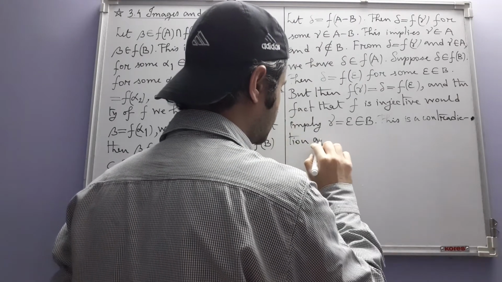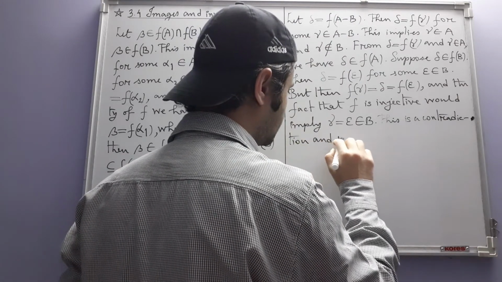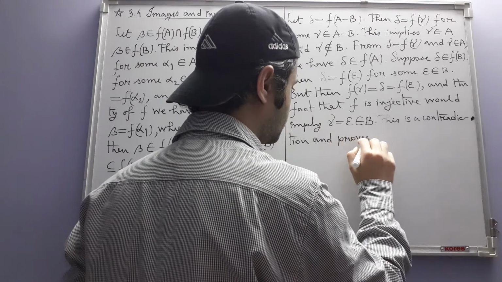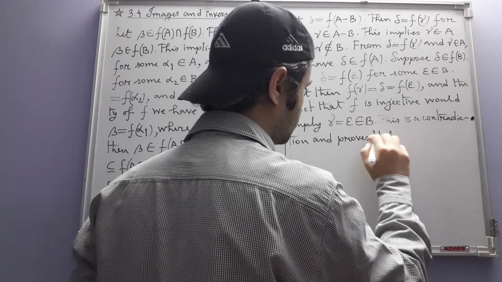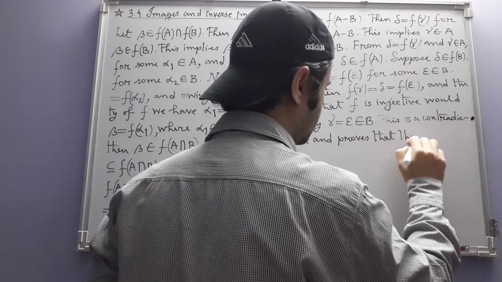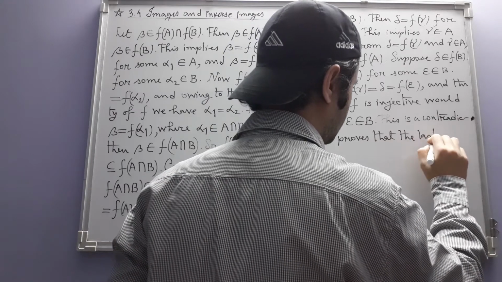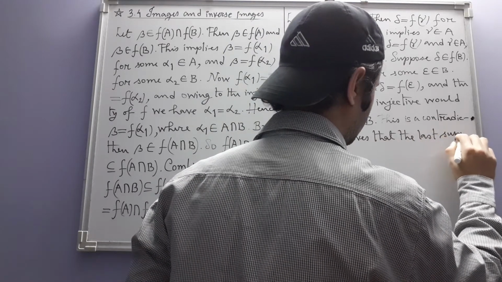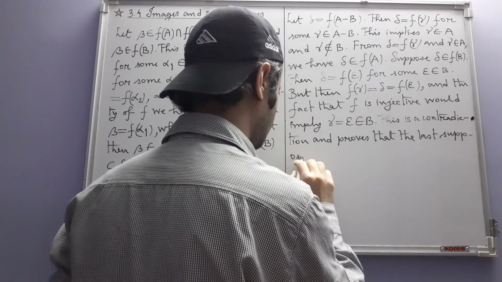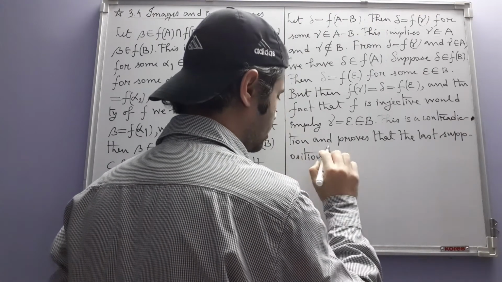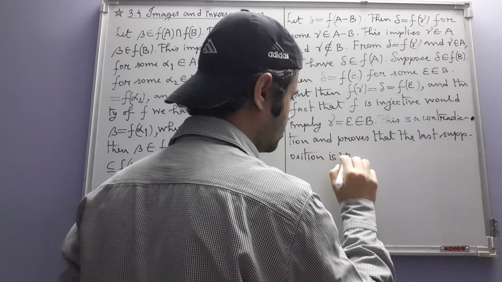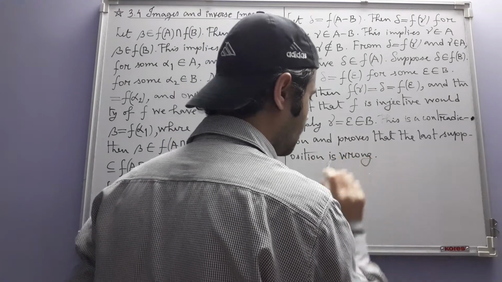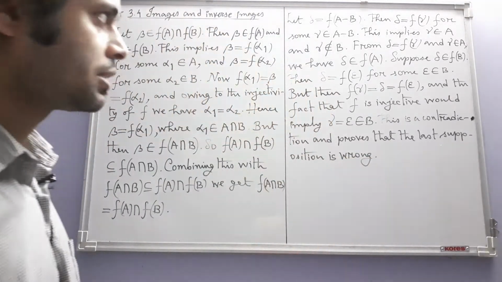And this is a contradiction because gamma does not belong to B. This is a contradiction and proves that the last supposition is wrong. And what was our supposition?